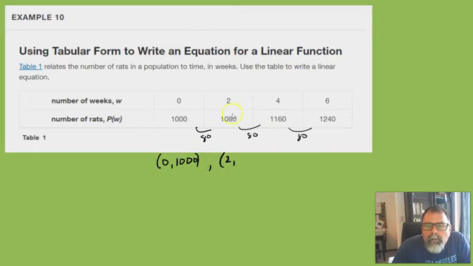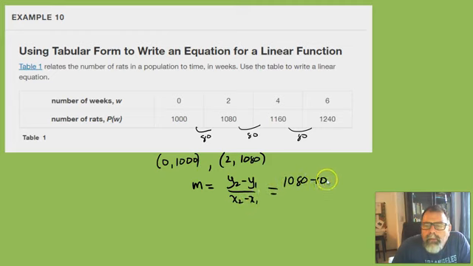We've got 4 points, but just pick 2 points and find the slope. y2 minus y1 over x2 minus x1: 1080 minus 1,000 over 2 minus 0. So it'll be 80 over 2, which is 40 rats per week.